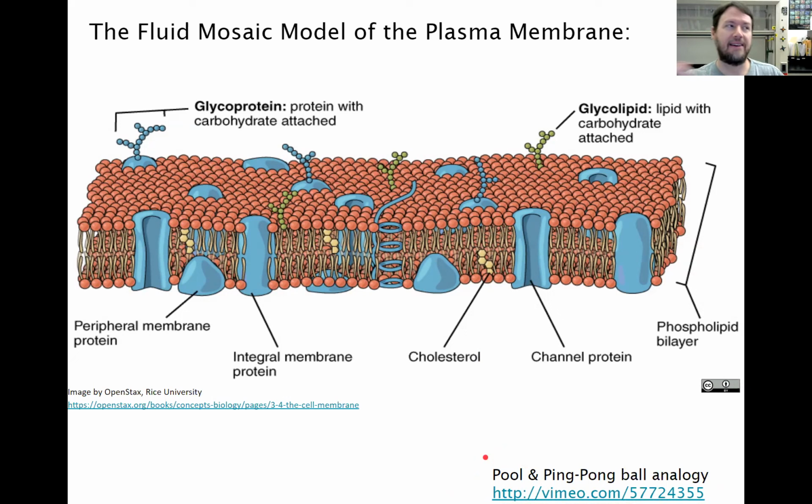And then if you throw pool toys or those floaty rings or things like that into it, those might be kind of like the proteins in that plasma membrane. And they can trade places laterally, but they can't escape the membrane because of the forces that are holding them in place.